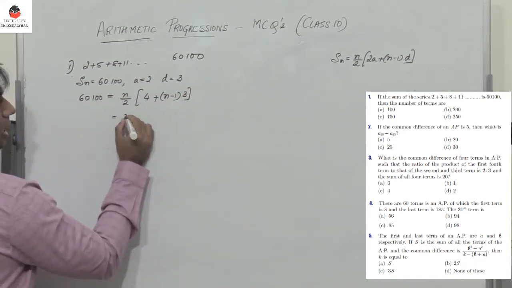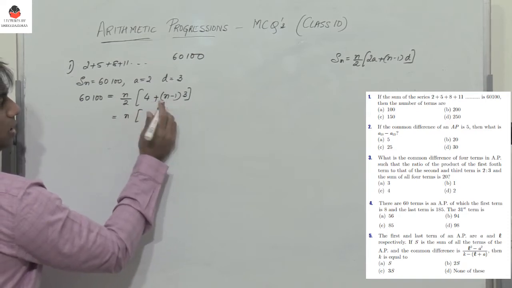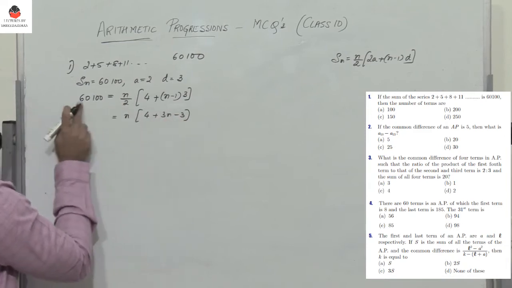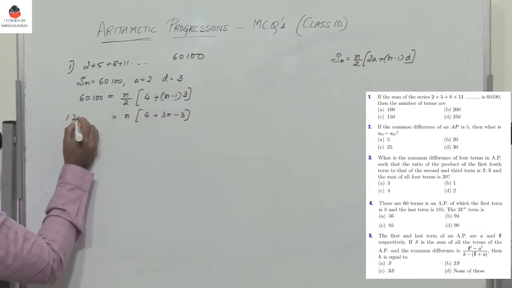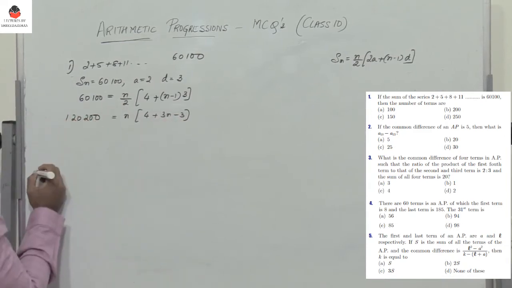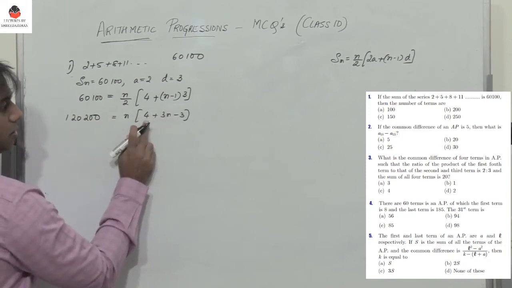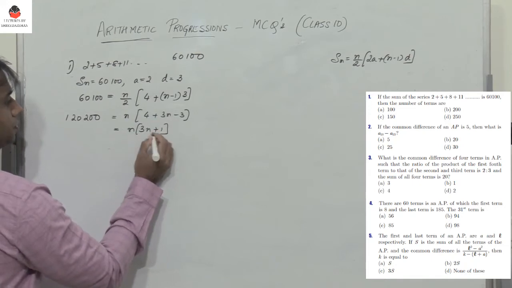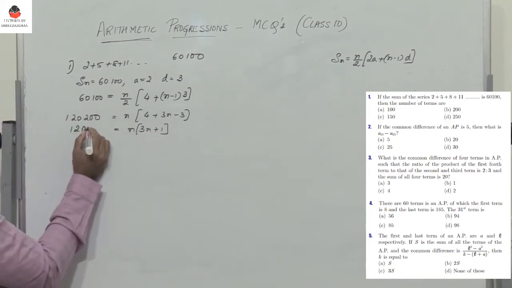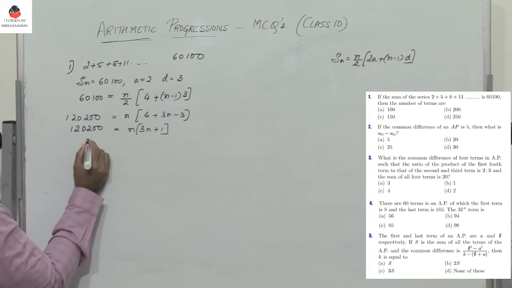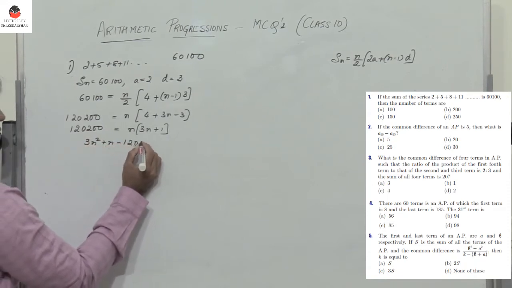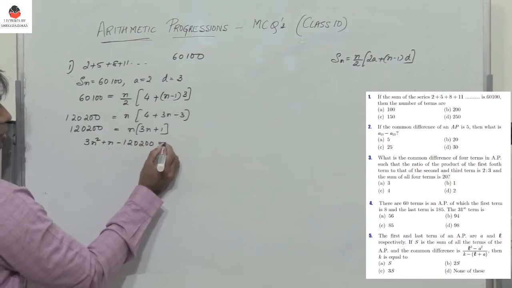So here I get n into 3n minus 3, and I take 2 to the other side, so I get 120200. Now this is 3n plus 1, so I get n into 3n plus 1, which is equal to 120200, or 3n square plus n minus 120200 equals 0.